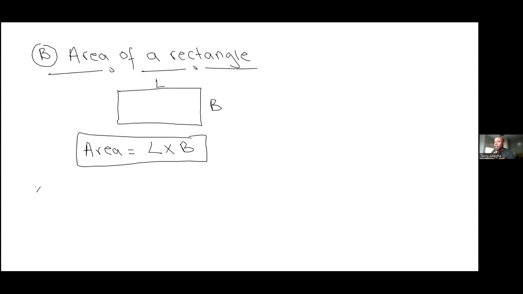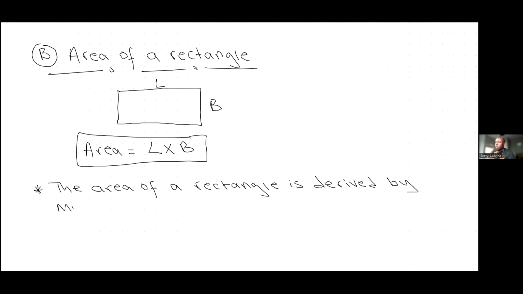The area of a rectangle is derived by multiplying the length and width.